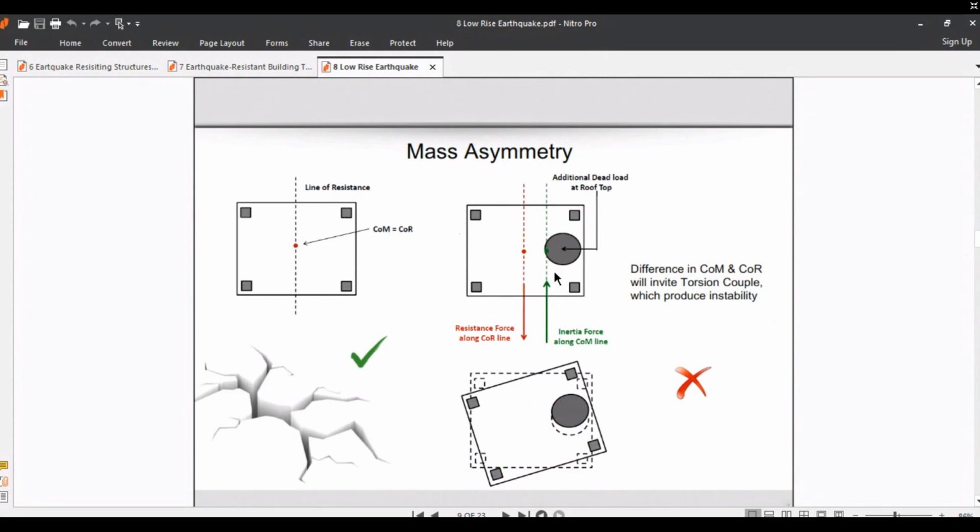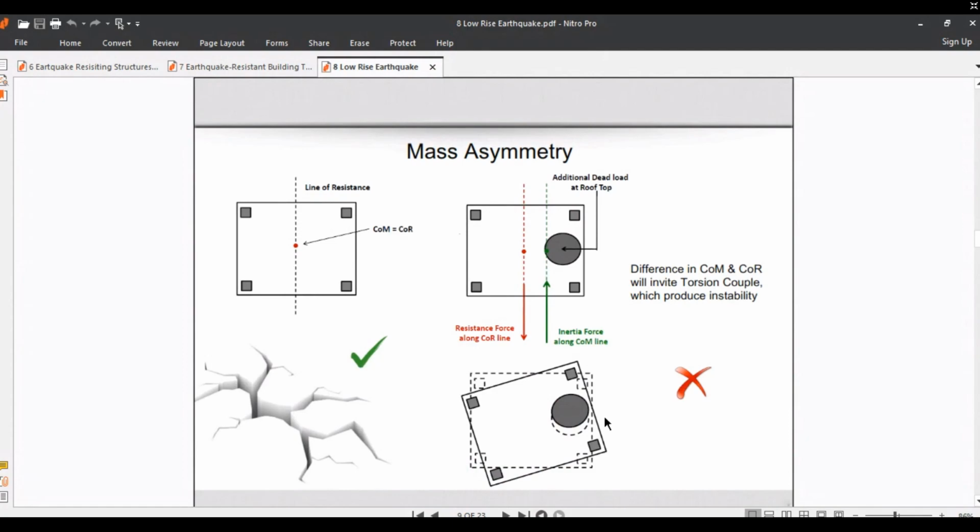Another point: the design of resistant buildings is based on mass symmetry. As shown in this slide, this is the correct mass symmetrical plan shape, and you can see the mass asymmetry on the right side as an incorrect plan shape.